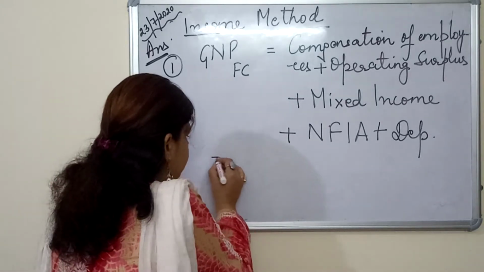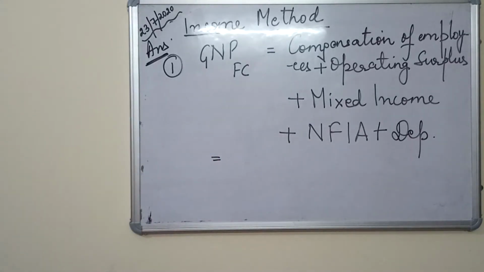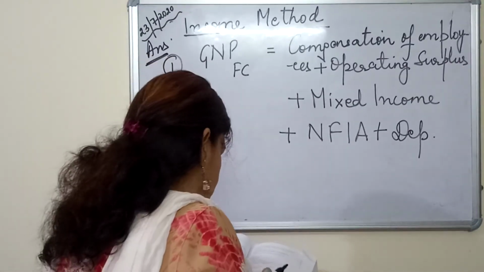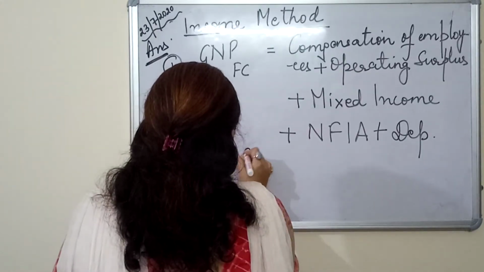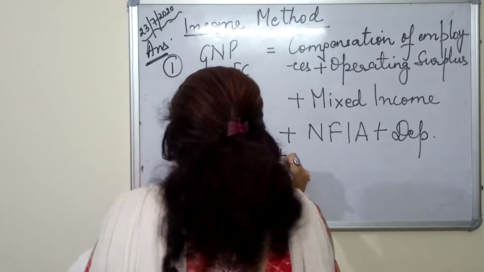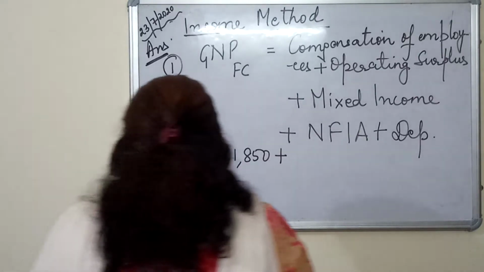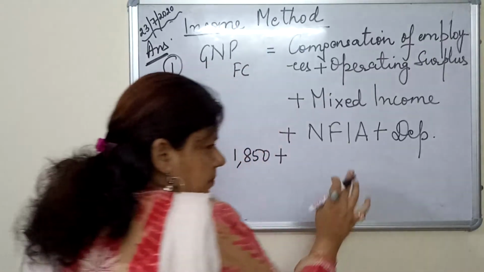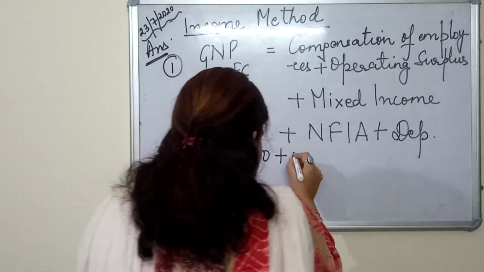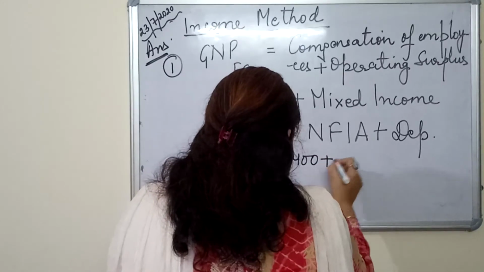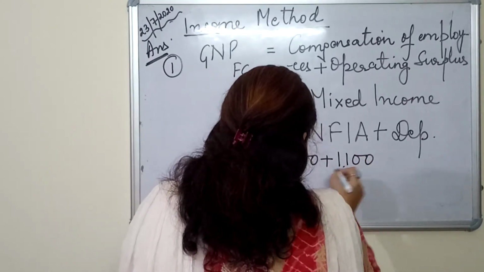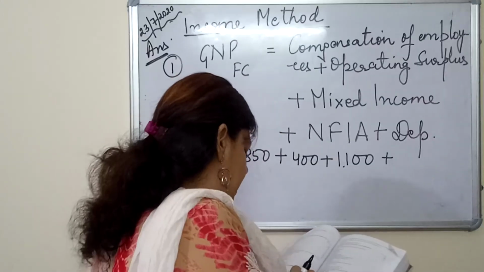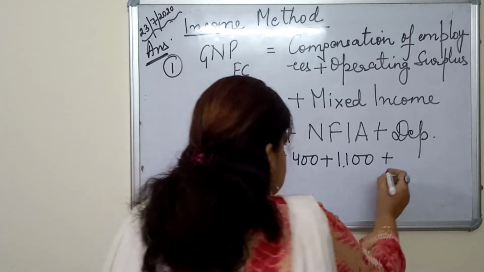So let's see what is given in the question. Compensation of employees is given as 1850. Operating surplus is a combination of rent, interest and profit. So rent is given as 400, profit is given as 1100, and interest is given as 500.